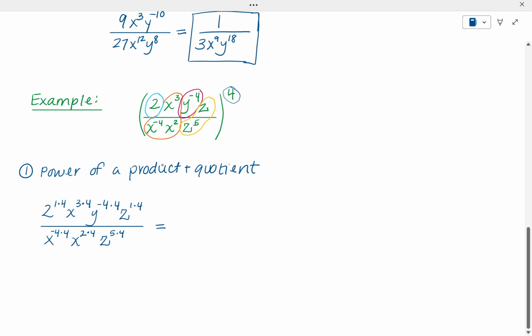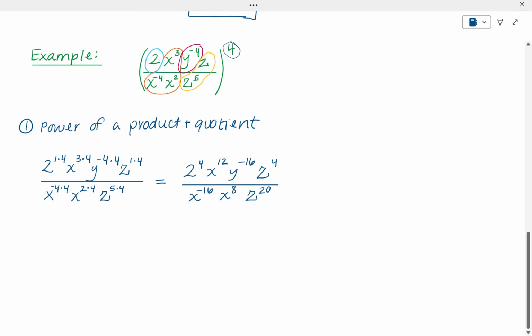All right, so multiplying all the exponents by 4, we have 2 to the 4, x to the 12th, y to the negative 16th, z to the 4th, x to the negative 16th, x to the 8th, and z to the 20th.